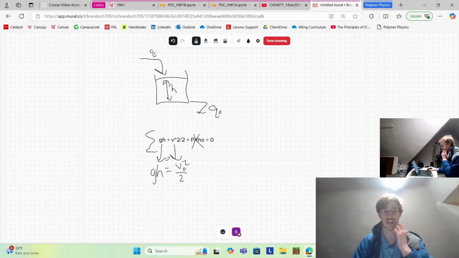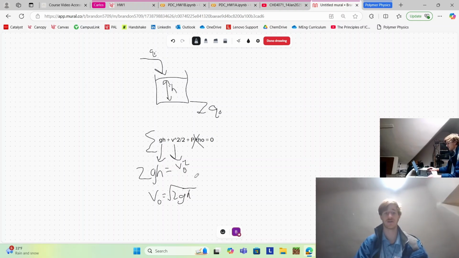Right, that's just adding GH to both sides. Now we can multiply by 2 on each side. And then solving for velocity, we get that V naught equals the square root of 2GH. All right. So now we have our velocity coming out of the tank.